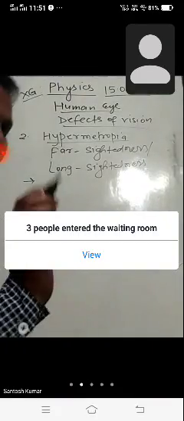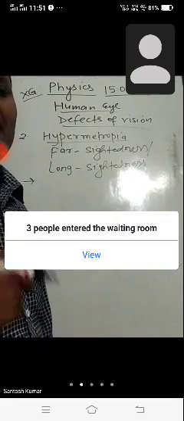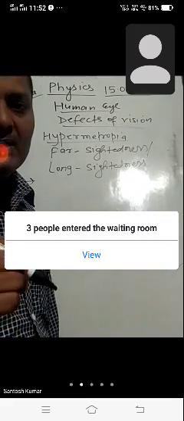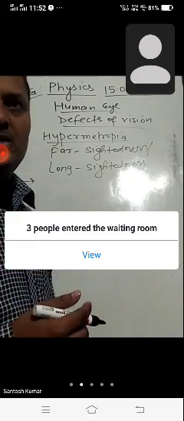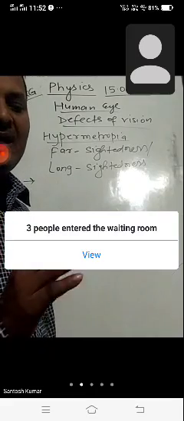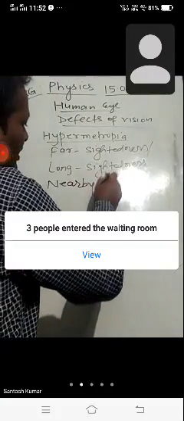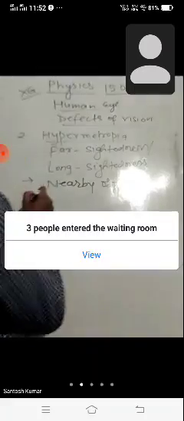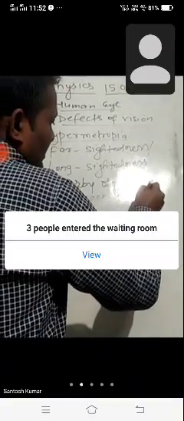You can define it in two different ways. The defect of vision in which persons are able to see distant objects clearly but unable to see nearby objects clearly. And in other words, you can also write: the defect of vision in which nearby objects can't be seen clearly.